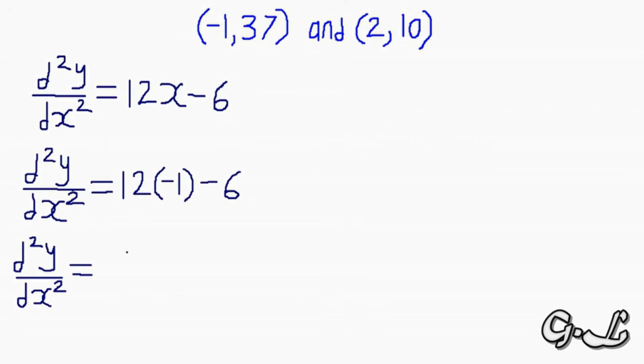When you consider the calculations, it is equal to -18. So d2y dx squared is equal to -18 at the point -1, 37.